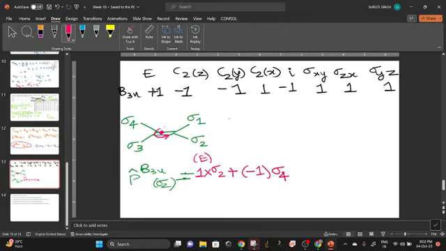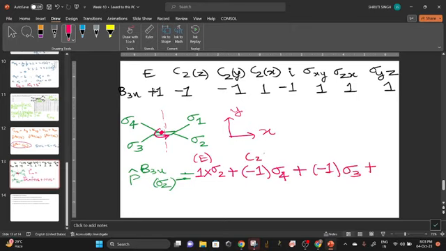Next, C2Y: sigma 2 changes with sigma 3, and the character is minus 1, so minus 1 times sigma 3.